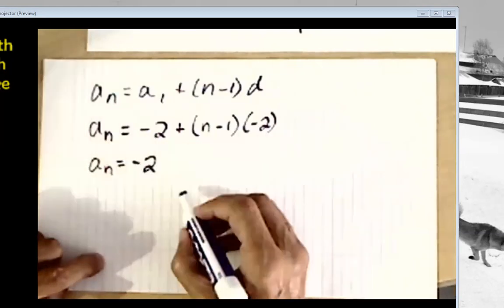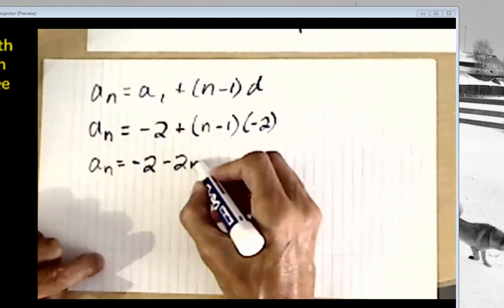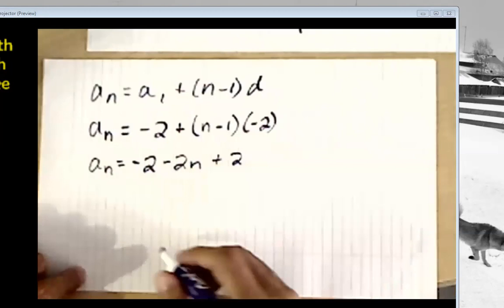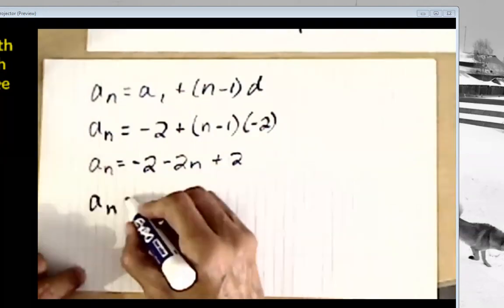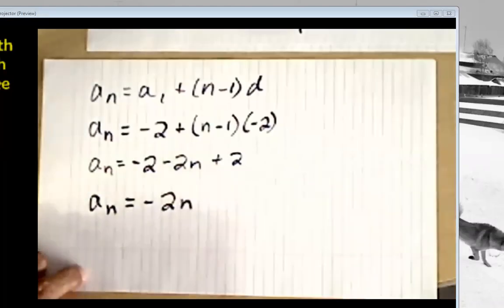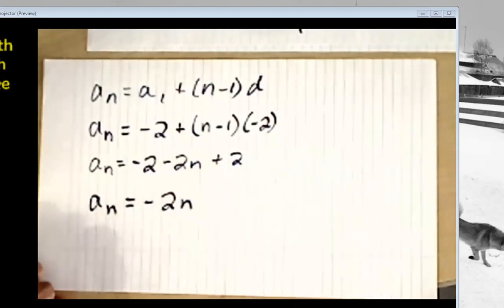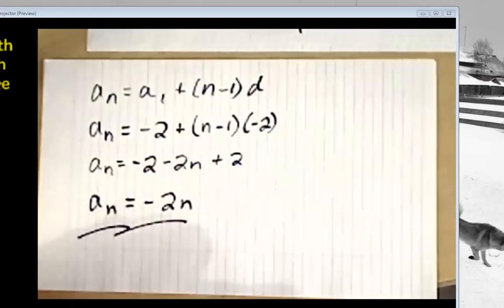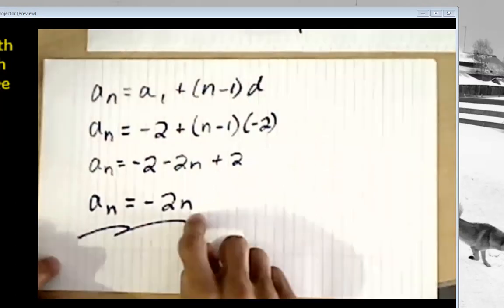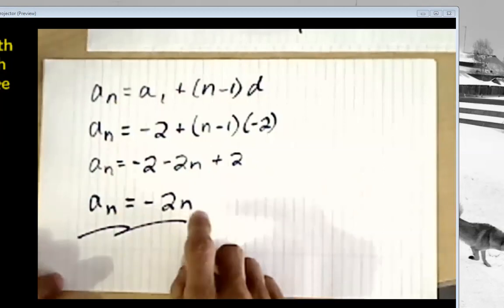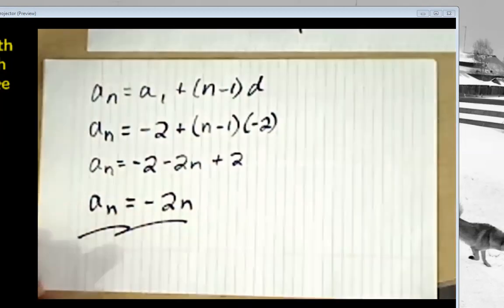So -2 minus 2n plus 2 gives a final simplified formula of -2 times n. That goes like that. And see, if we then wanted the 11th term, you put n equals 11 in there. Work it out. If you want the 5th term, put n equals 5 in there and work it out, right?